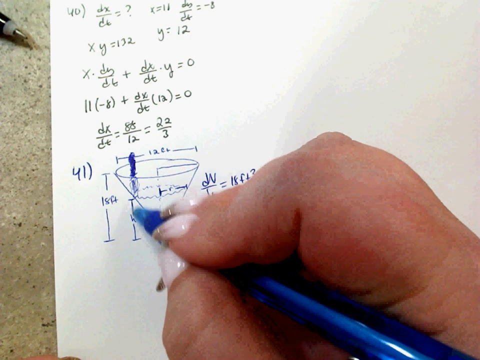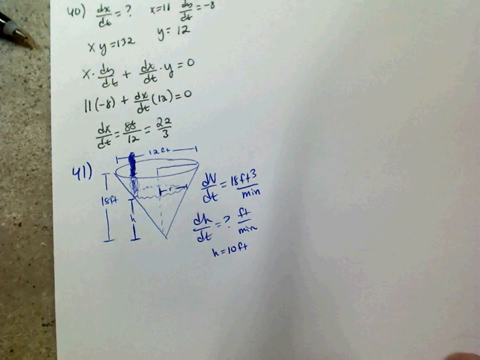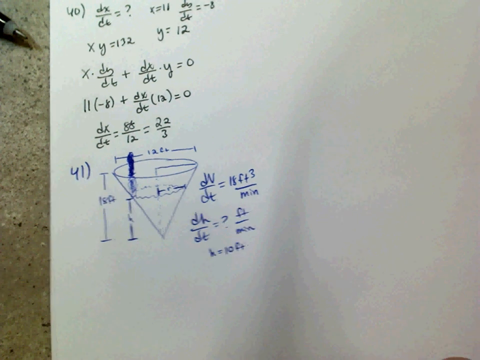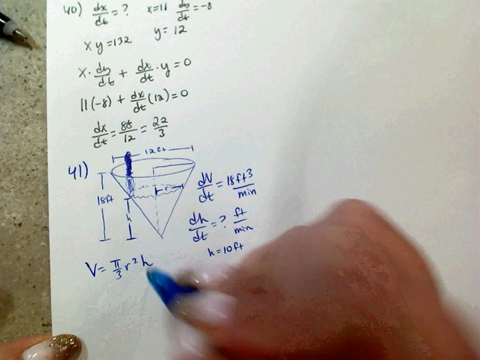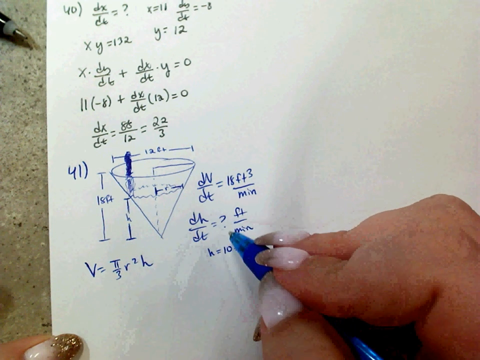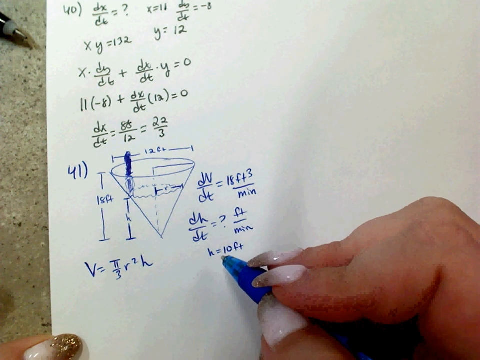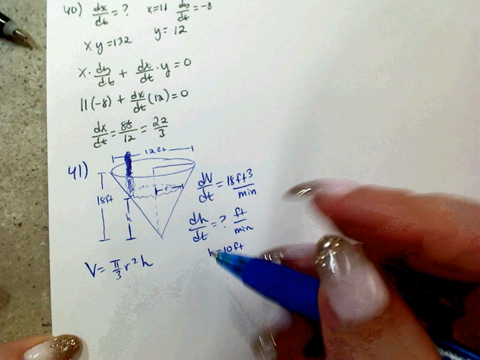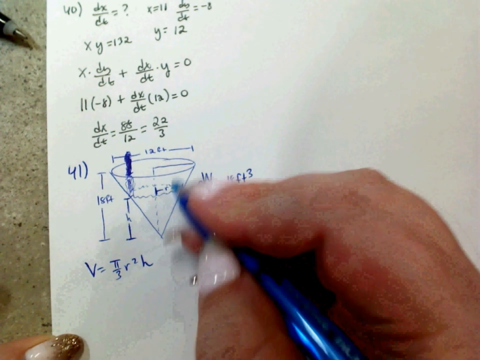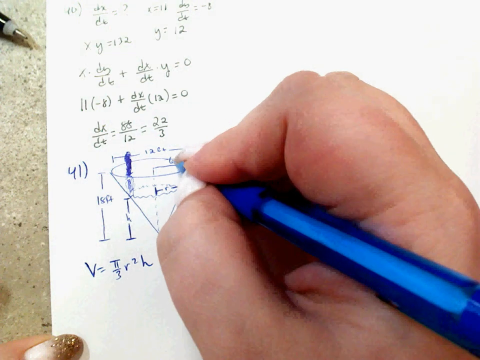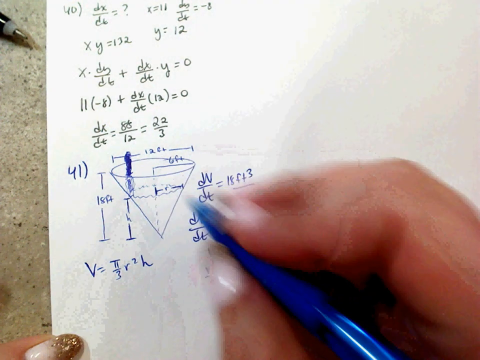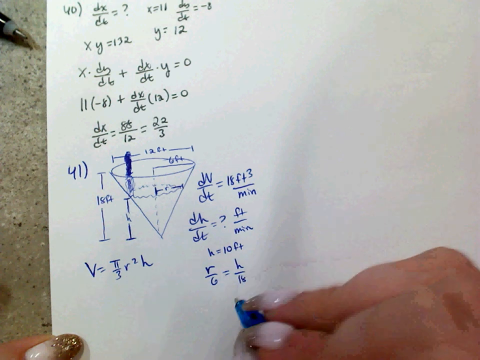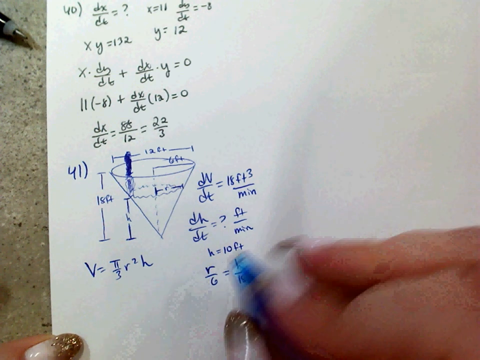Volume of a cone is pi over 3 r squared h. I want to find dH/dt given h, nothing about r, so if we can replace r from the very beginning, that would be great. Radius is to 6 as height is to 18, which means if I multiply by 18, then height equals 3 times the radius.